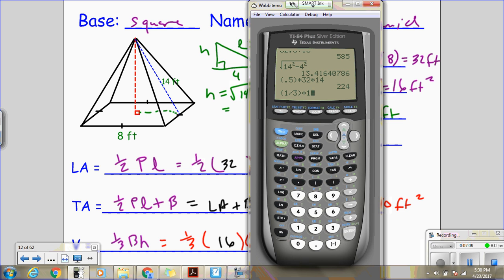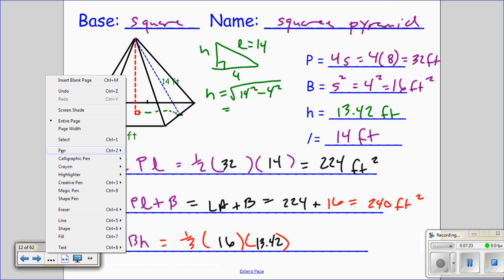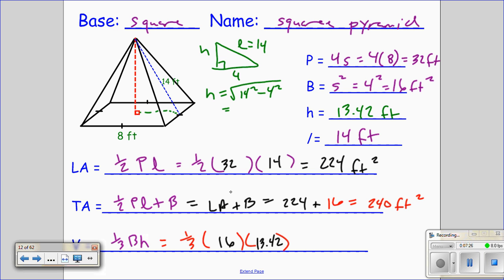So 1/3 times 16 times 13.42 is approximately 71.57 feet cubed. So this is how we find the area and volume of a pyramid.